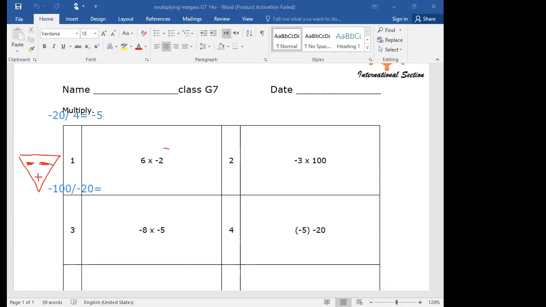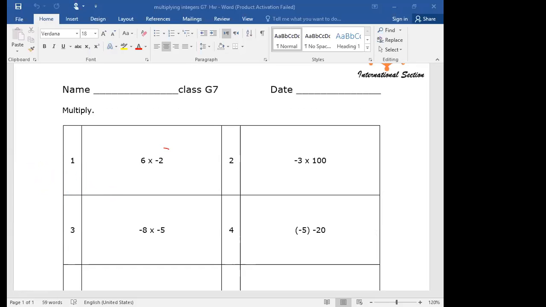I can cancel 0 with 0, and after that, I have negative 10 divided by negative 2. It will give us 5. So the answer will be equal 5. Agree with me? Any question about this part?